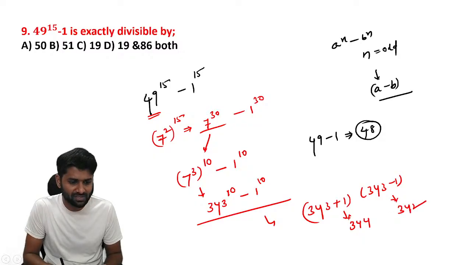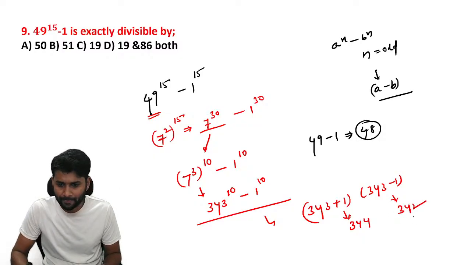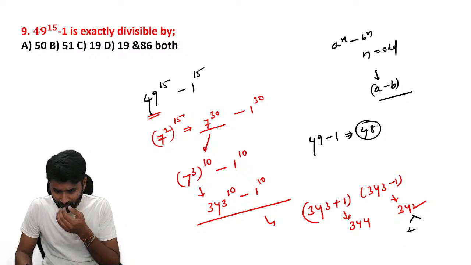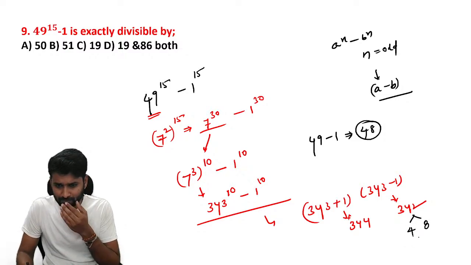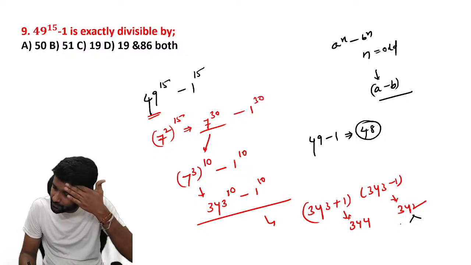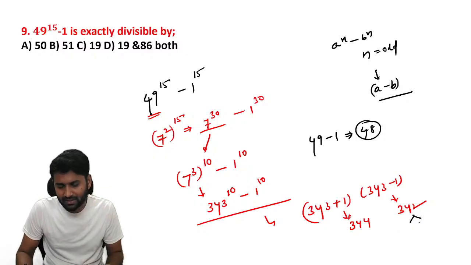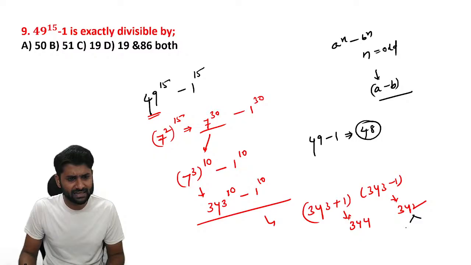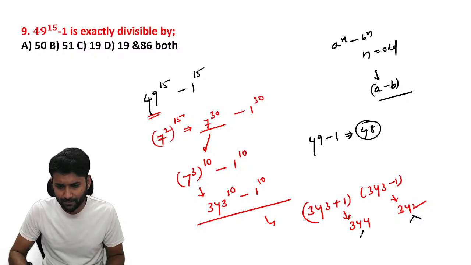Let's check the options to see which is divisible by which number. 22 is not divisible by 342, right? Let's check with 86, 19, 51 and 50.